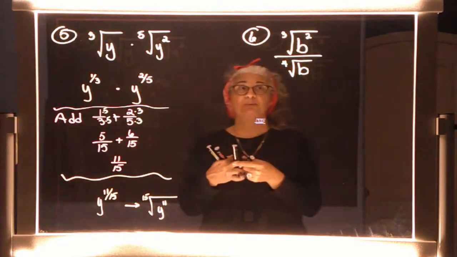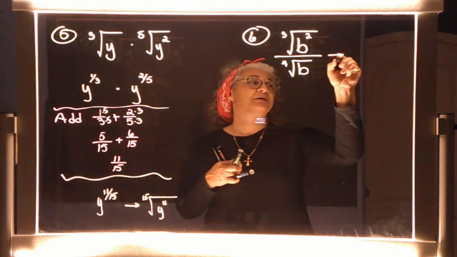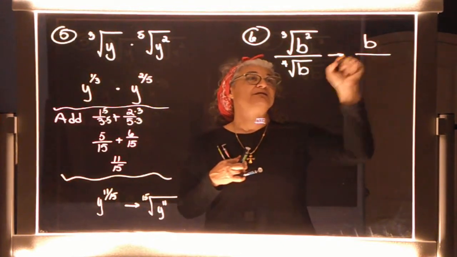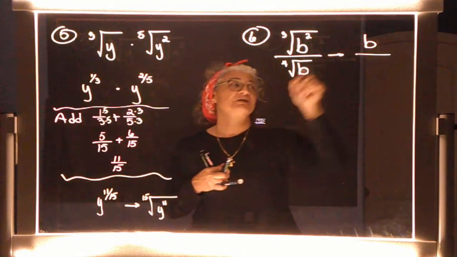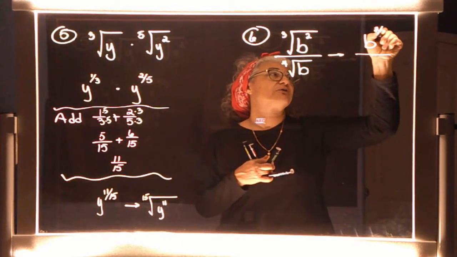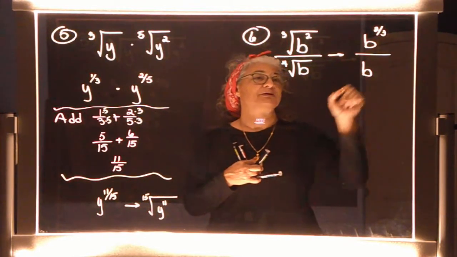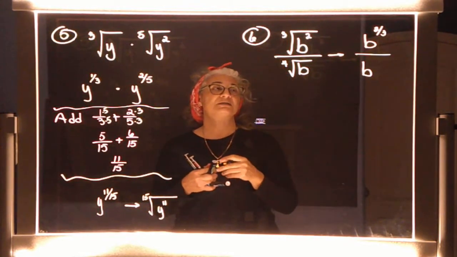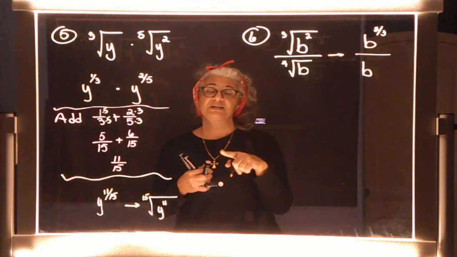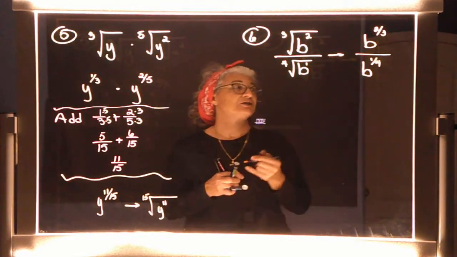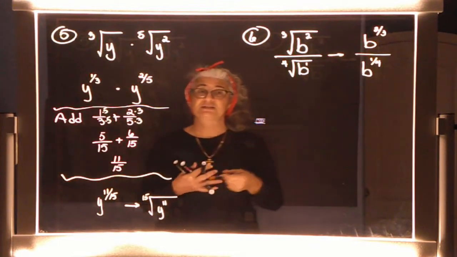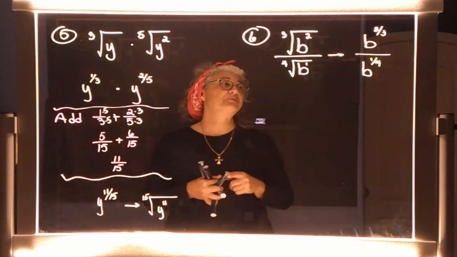So, the top one, the b on the top, b to the what? Power over root, remember? Good, 2/3. What about the bottom b? Because that's a base, right? Power over root. Yeah, the power is 1, so that's a 1/4. Good. Well, again, it looks a lot nicer than dealing with the root symbol.